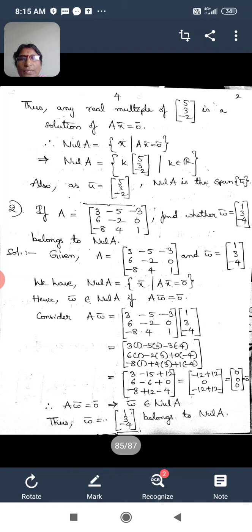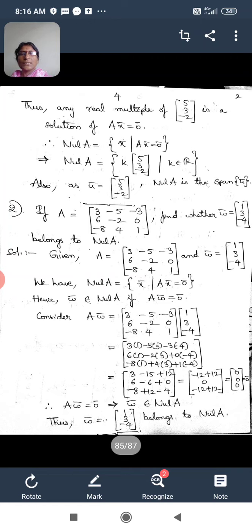Now consider what A w bar is. Let us see whether A w bar results in the zero vector after computation. A is the matrix given to us, and besides that consider the column vector w bar. Now use the matrix multiplication concept and multiply these two matrices.